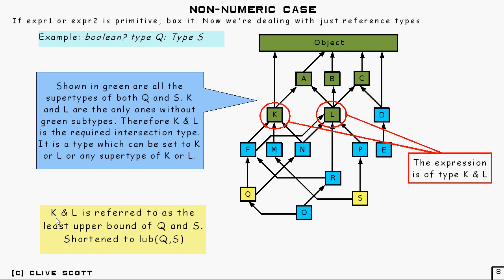And of course, that K and L is referred to as the least upper bound of Q and S, or it can be shortened to just LUB, Q and S, sometimes. And well, that's what it is. And if you look at that, you'll see that it's also, for example, the least upper bound of S and F as well.